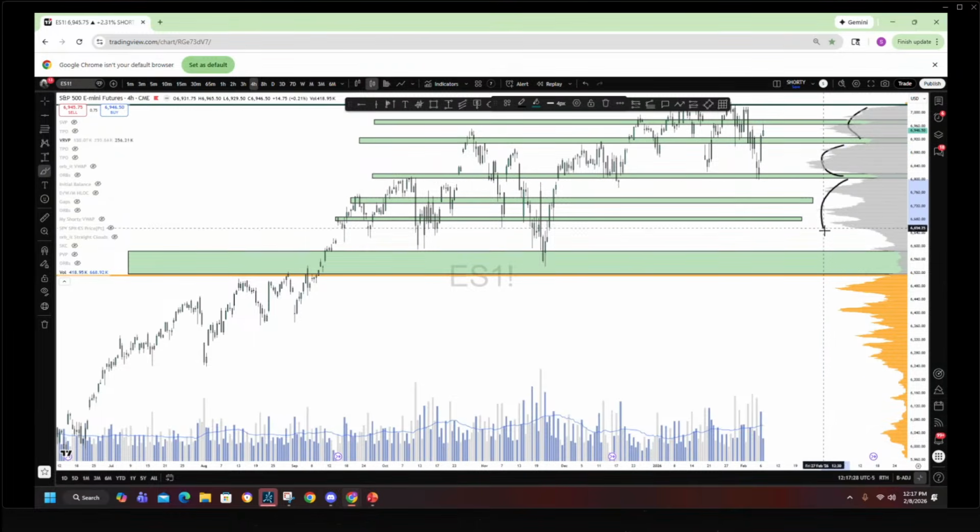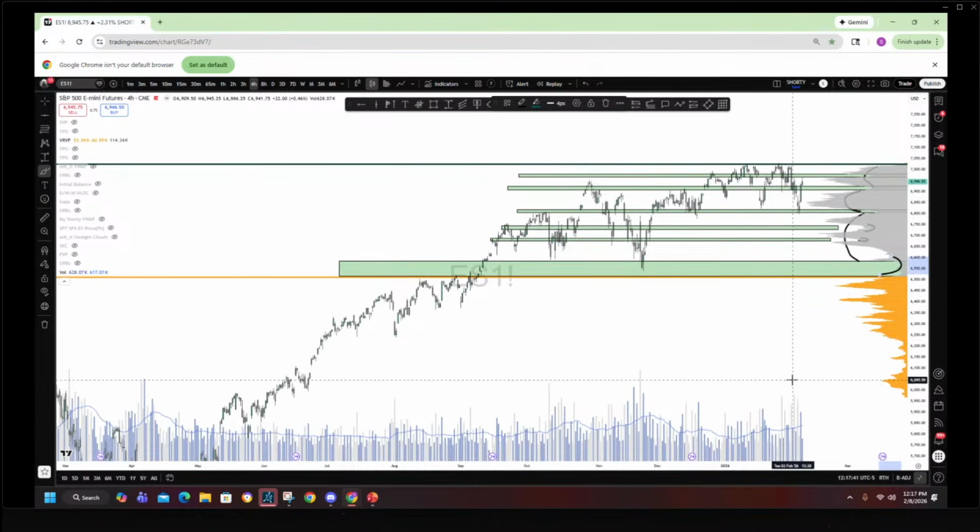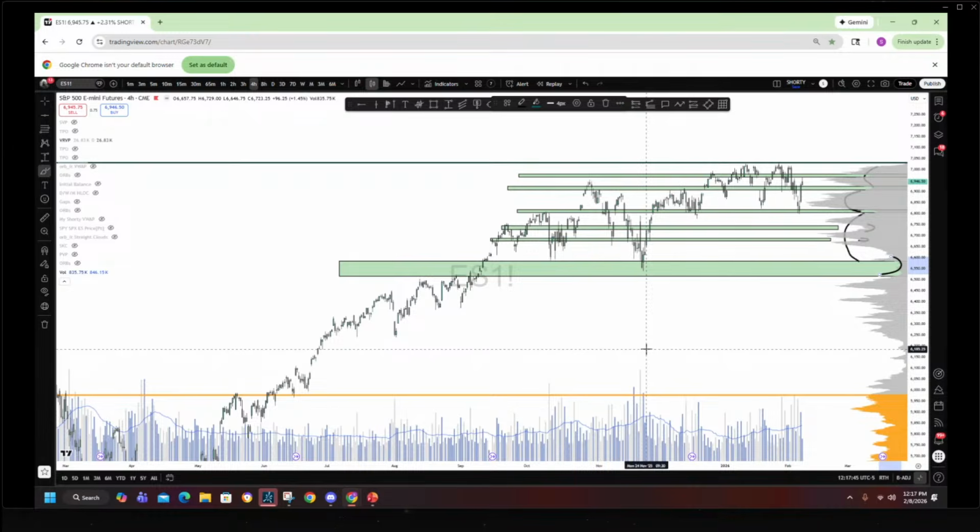You could treat this as a trader as 3 distributions, but it's not a bad idea to know where these opportunities are where they can bounce, like this one here. Then you have this massive LVN here, and the lower you go, you can see there's some other stuff coming up.